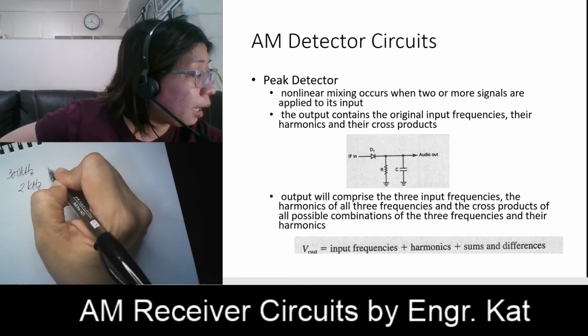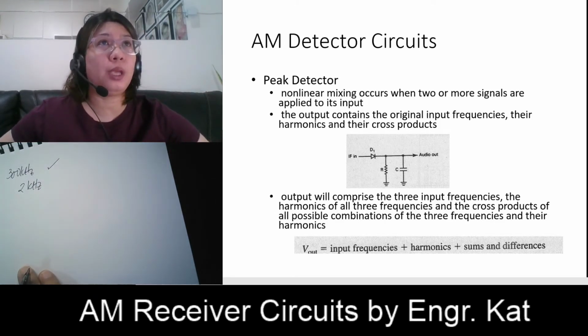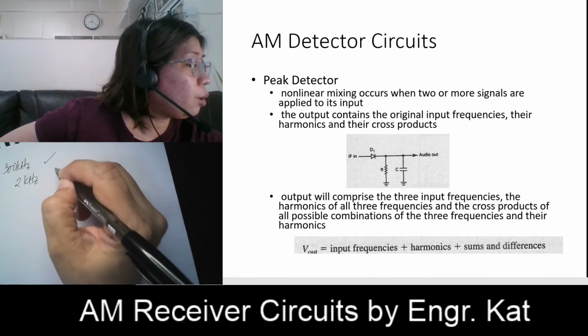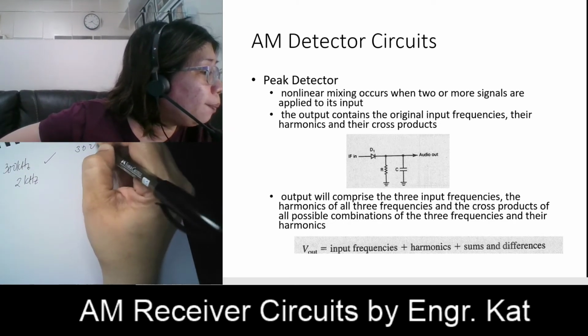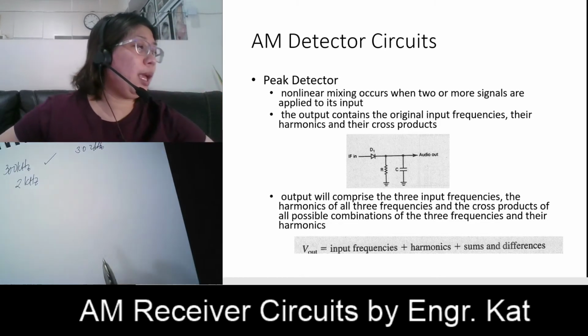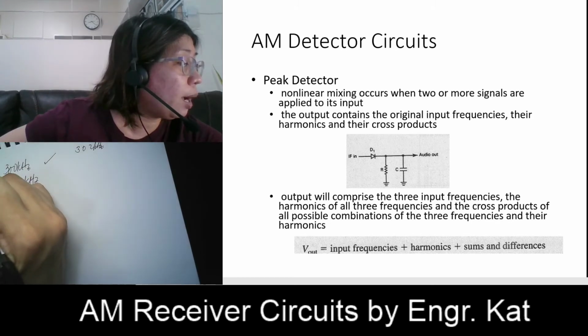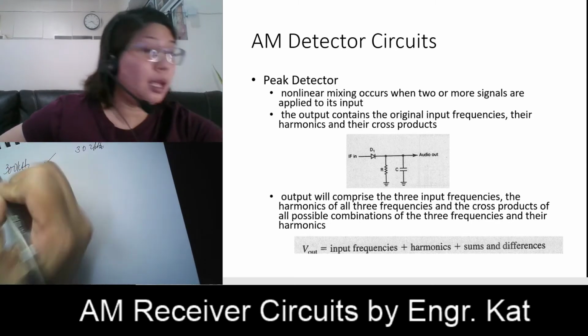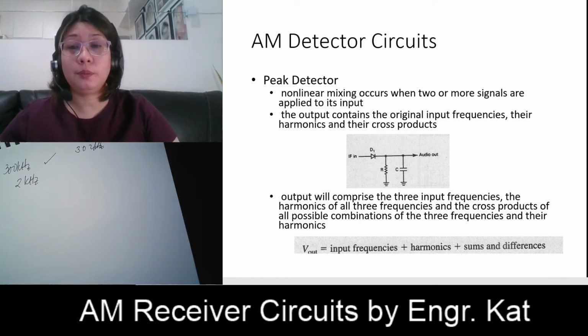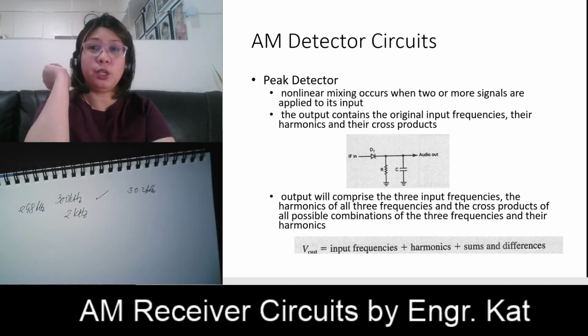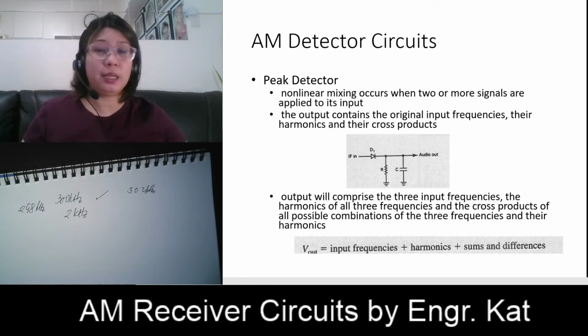The carrier is still present. What is the sum? The sum is your 302 kilohertz. And then what is the difference? You have your 298 kilohertz. So they are present, okay?